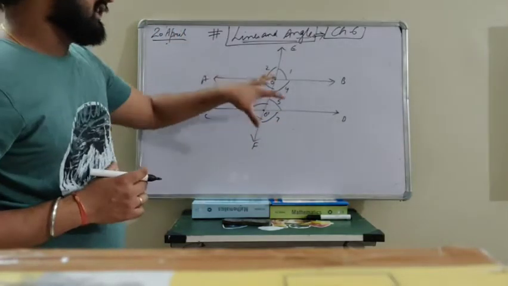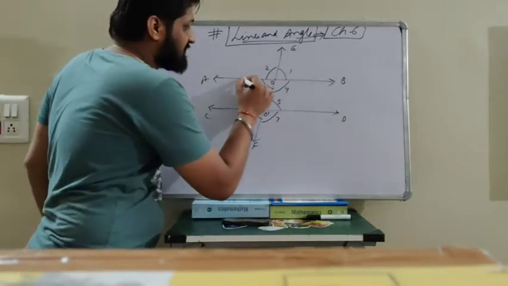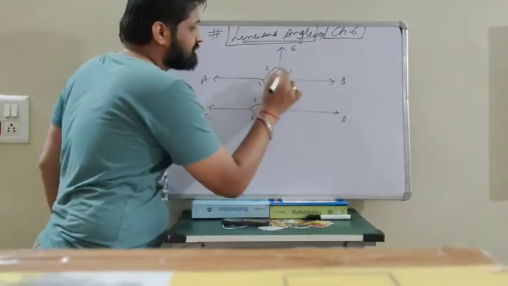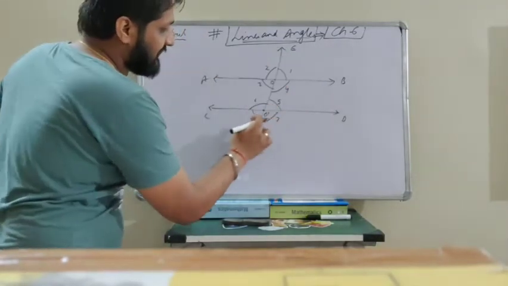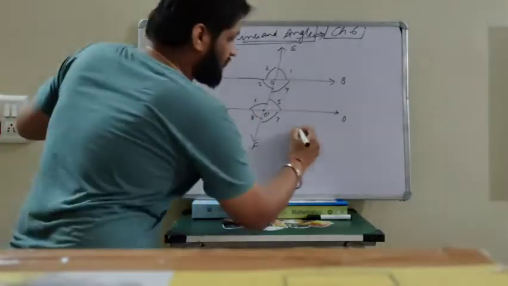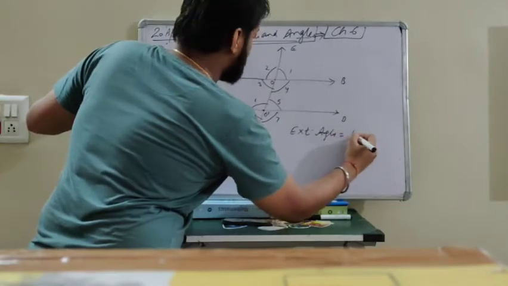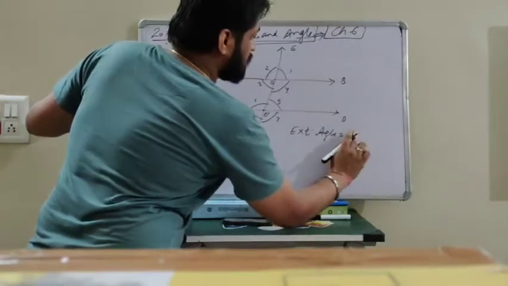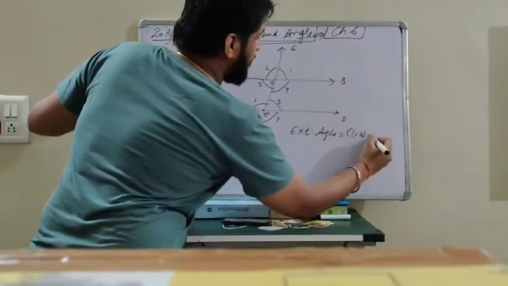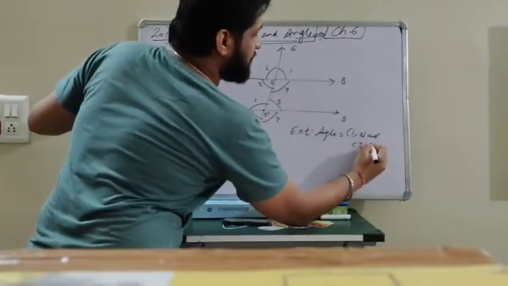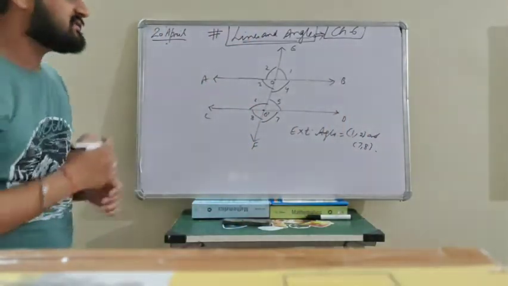So the outer angles are basically called, what are the outer angles here? That is 1, 2, 7, and 8. So outer angles, you can say the exterior angles, that is 1, 2, and 7, 8. These are the exterior angles.